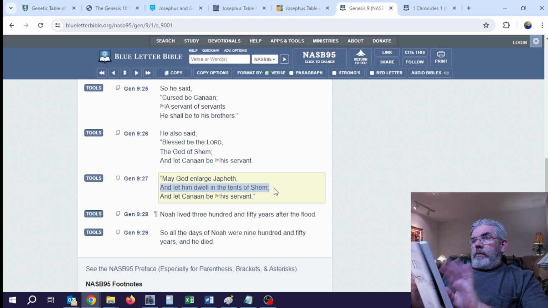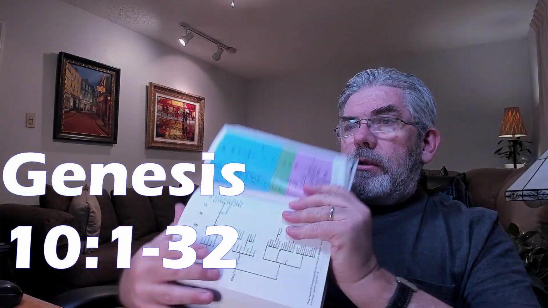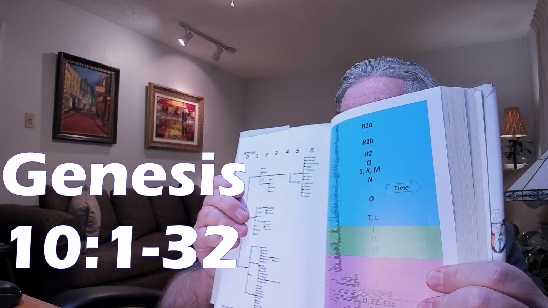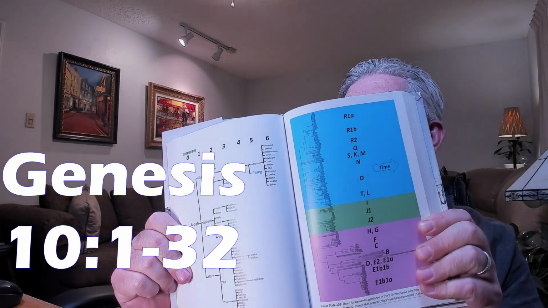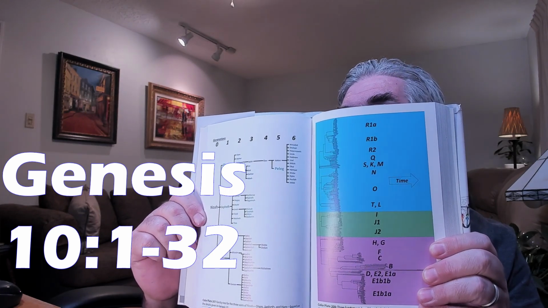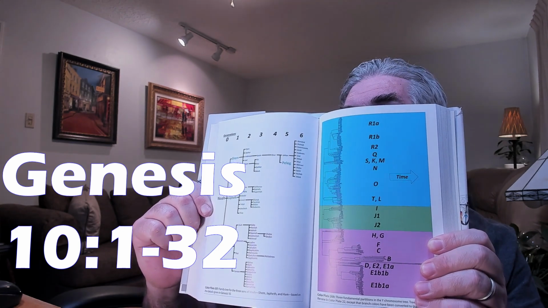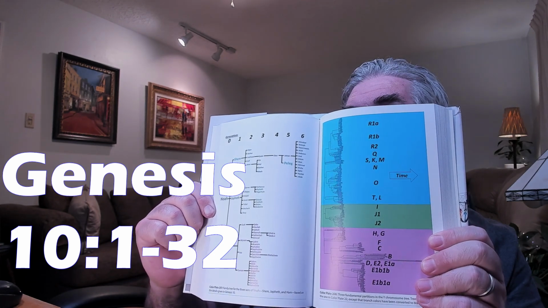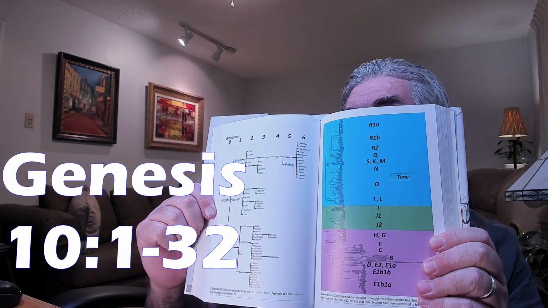Okay, I'm going to switch back to full screen mode for a second so you can see this. He is assuming that what you see there in the blue is Shem, what you see in the green is from Japheth, and what you see in the magenta is Ham.